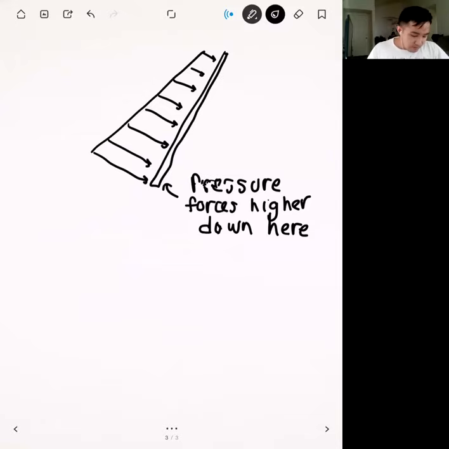Okay. And so the whole idea with this is that, even though we know that the pressure distributes the force over the entire surface, this is usually not that useful for calculations, or you can, but it's usually difficult.